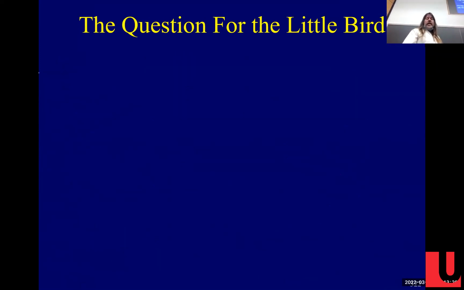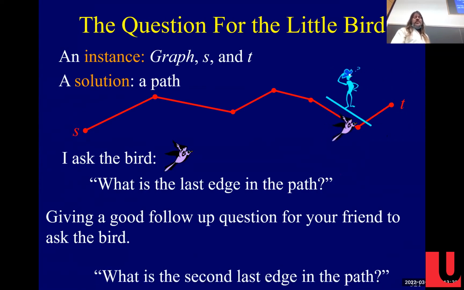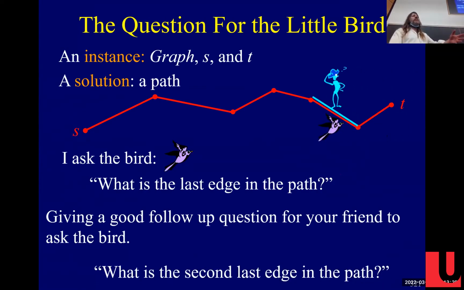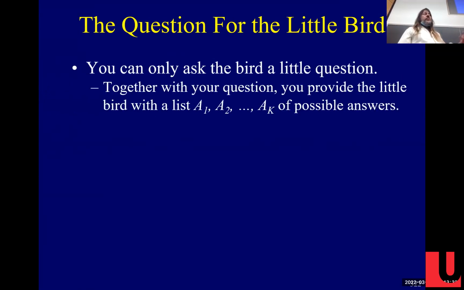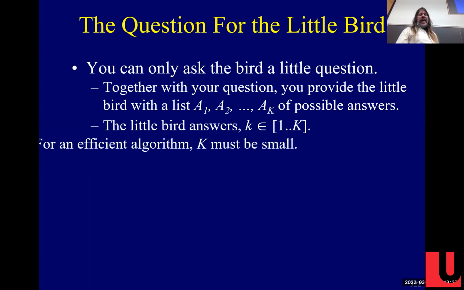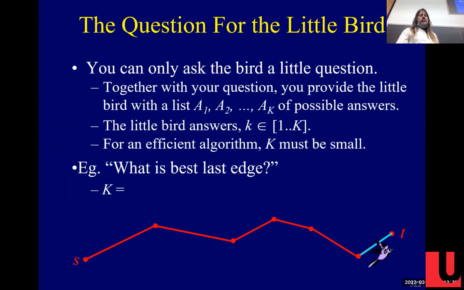One advantage of this question is it has a good follow-up question for your friend to ask. Your friend will ask his bird, what's the second last edge? You can only ask her a little question, and by little we mean there shouldn't be that many answers that she gives.